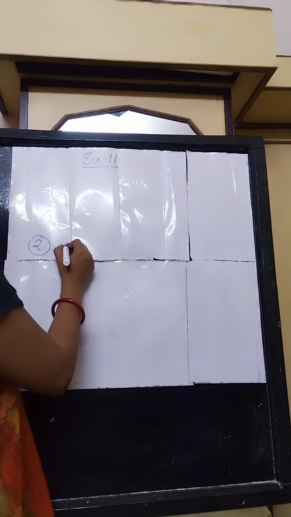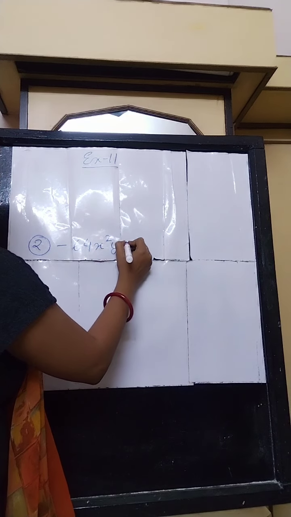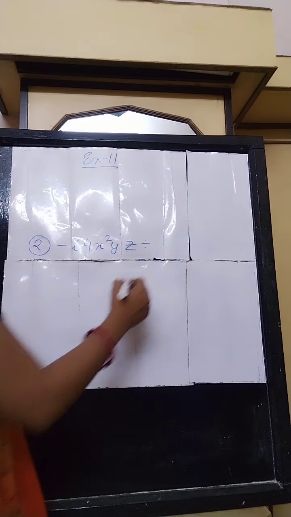Suppose for sum number 2 it is given: minus 64x square yz divided by minus 4xz.